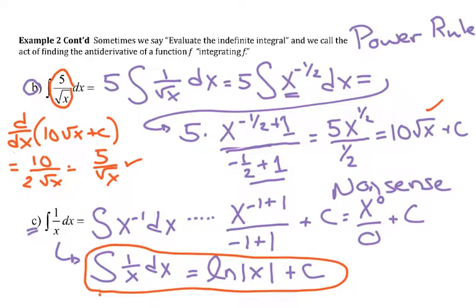Now, we always use absolute value because we can only take the log of a non-negative number. So sometimes it's easy to forget these absolute value bars in the beginning, but you'll get the hang of it.